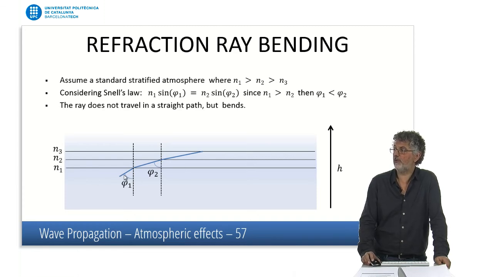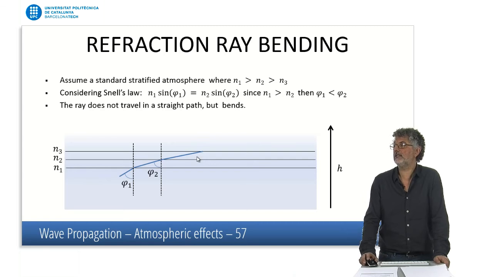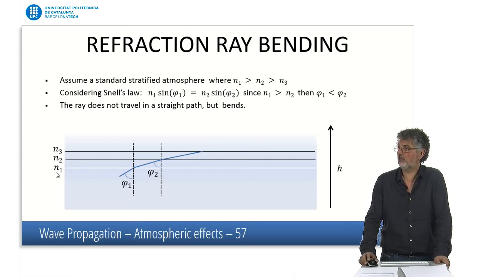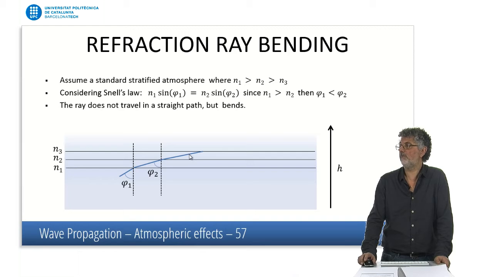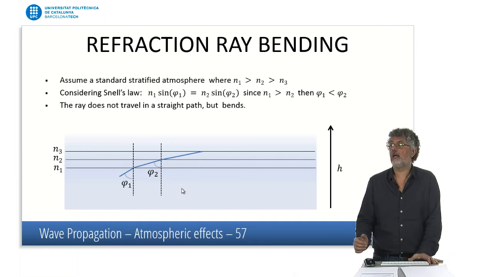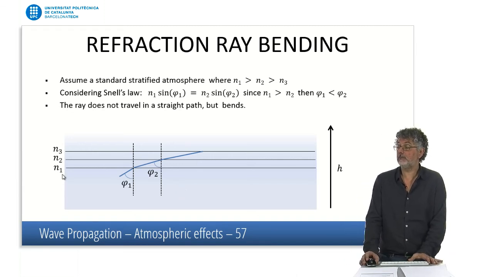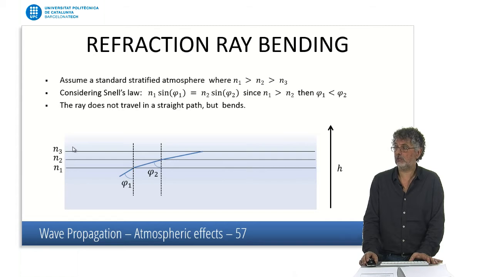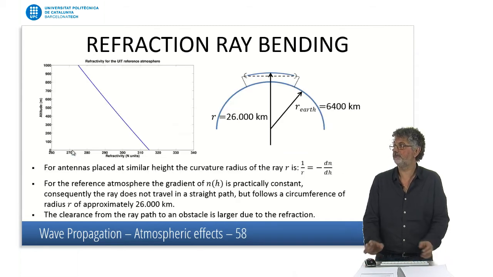Now we have a wave propagating through this medium, in which the refraction index changes, and because of that variation, the angle phi1 is smaller than phi2. So actually the ray is bending as it propagates through the atmosphere. The ray does not travel in a straight path, but it bends. And this is what is called refraction. The reason is that the refraction index diminishes as we increase the altitude.